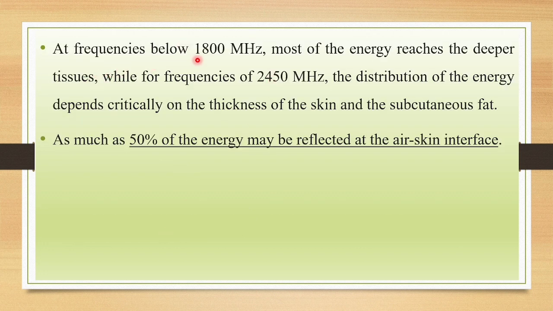At frequencies below 1800 megahertz, most of the energy reaches the deeper tissues, while for frequencies of 2450 megahertz, the distribution of the energy depends critically on the thickness of the skin and the subcutaneous fat. As much as 50% of the energy may be reflected at the air-skin interface.